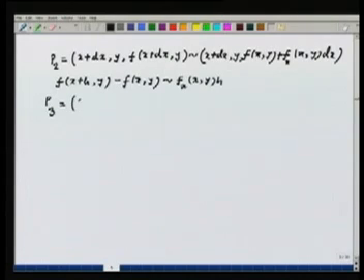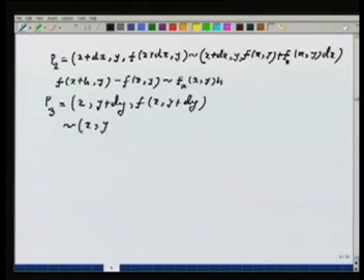P3 was (x, y plus dy, f(x, y plus dy)), which is approximately equal to (x, y plus dy, ...). Again, I want to use the partial derivative with respect to y of f. So this is f(x, y) plus fy at (x, y) dy.